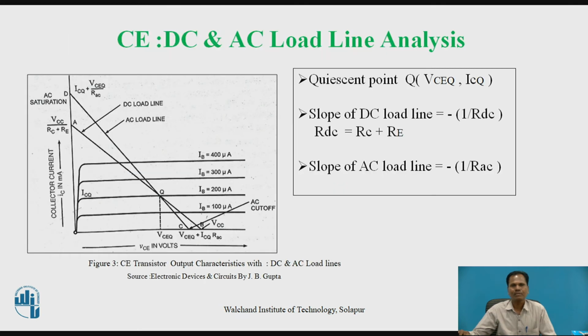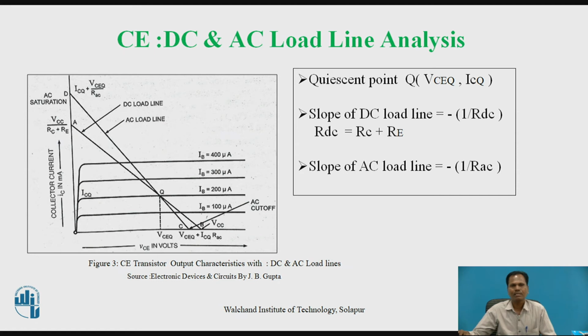After plotting these 2 points, point A on the x axis, horizontal axis, and point B on the y axis, vertical axis, we can draw a line between point A and B. The line drawn between point A and B is called a DC load line, because this line is drawn under DC operating conditions, considering only DC voltage and DC current.